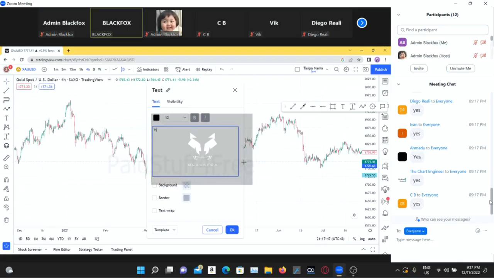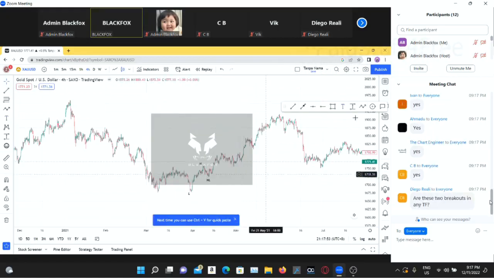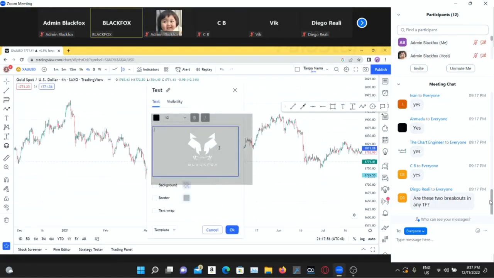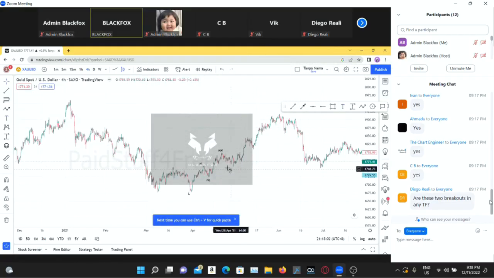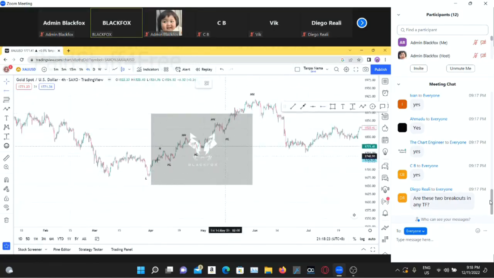So this one high, high low, high high, high low. So this is uptrend. So first breakout signal, second breakout confirmation. So then the price will be uptrend.